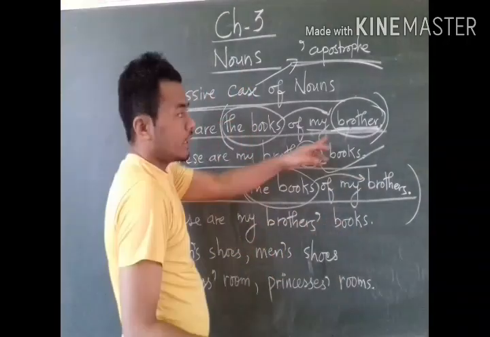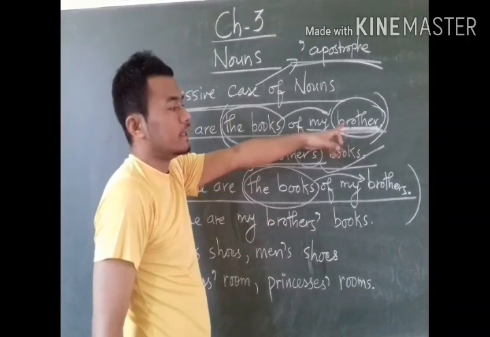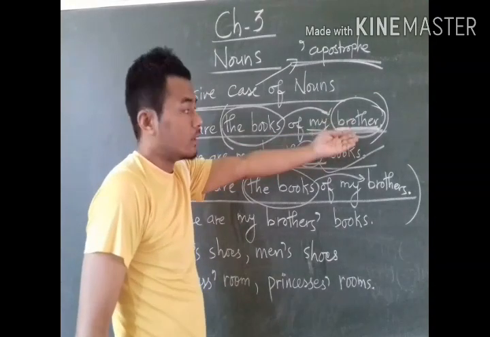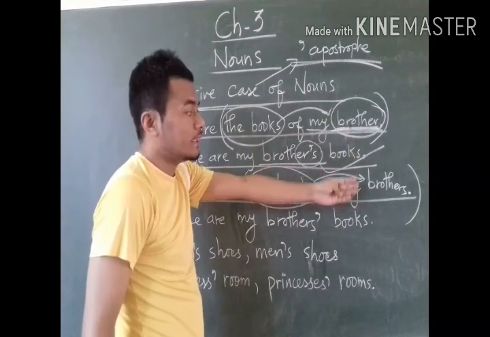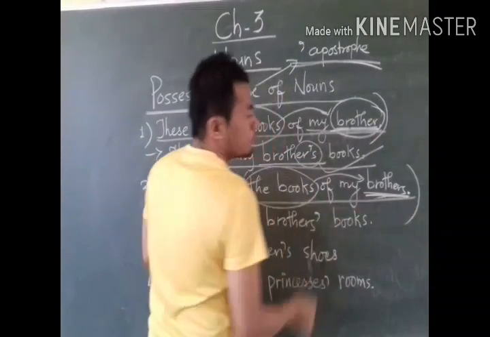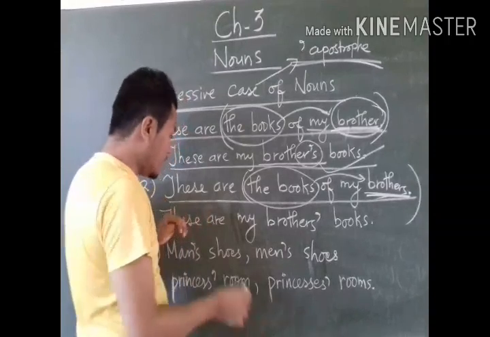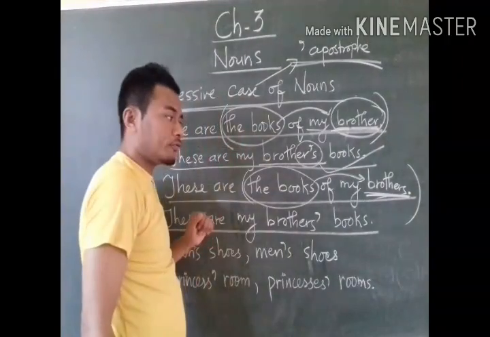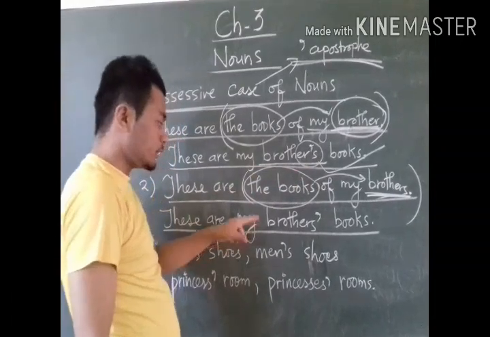But in sentence number 1, the noun to which something belongs was singular, but here we have plural, my brothers.